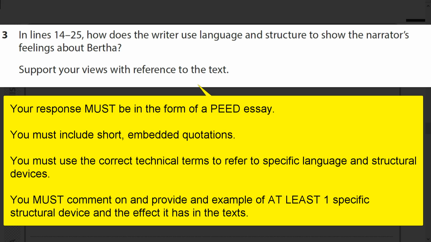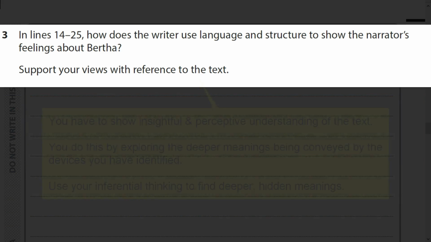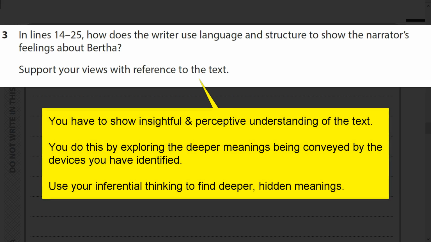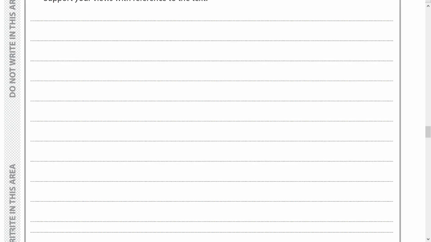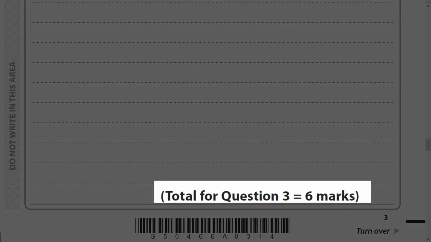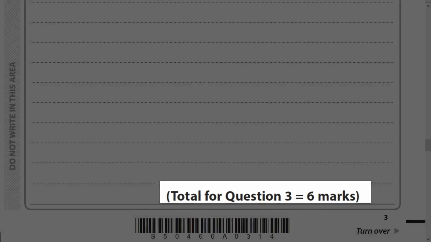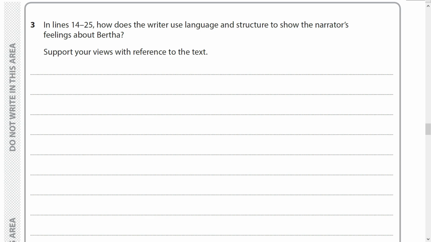Remember, it is not enough to identify and name the technique using the correct terminology. What they're looking for is an essay that shows an understanding of the way that those techniques are being used to create meaning. So we're using inferential understanding, and we're looking for the connotations of the language use and the structural features that are being used in this particular section of text. That question is worth 6 marks, okay, and you have 1 side of A4 in which to write your response.